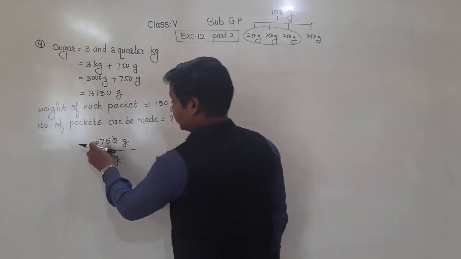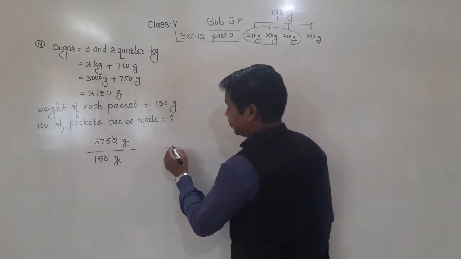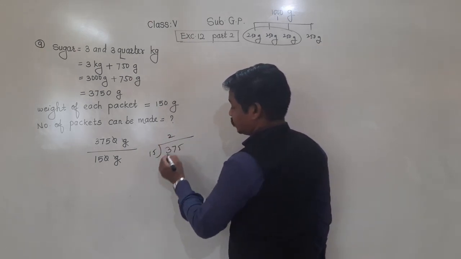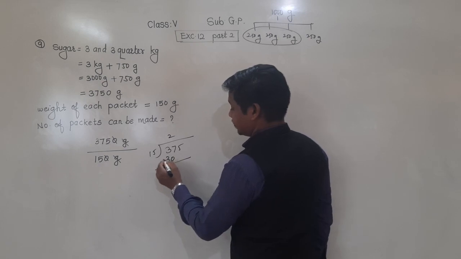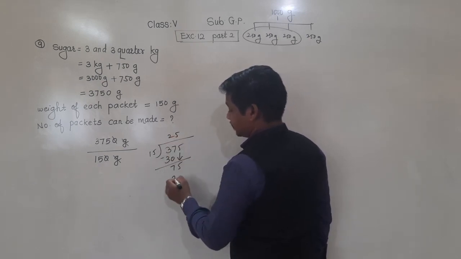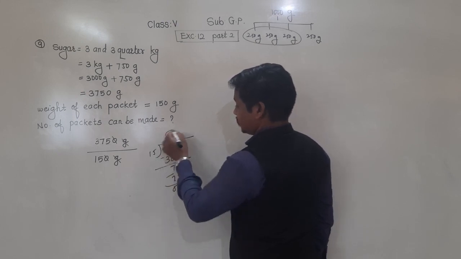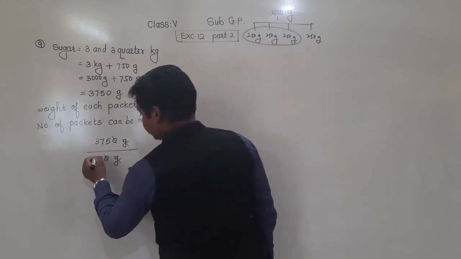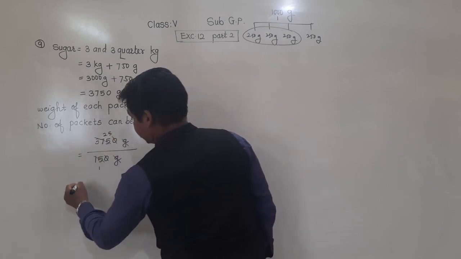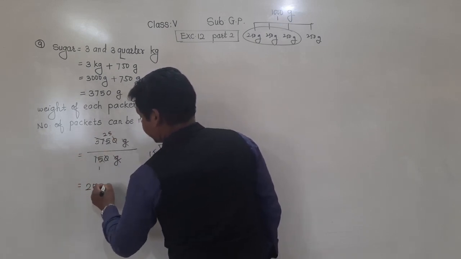We have now 375 upon 15. Now 375 divided by 15, what we get? 15 2s are 30, 7 remain, 15 5s are 75. So 25. 15 25s are 375. So 25 packets can be made.